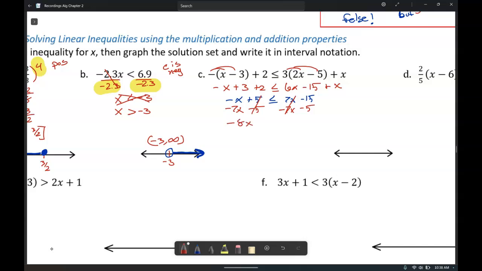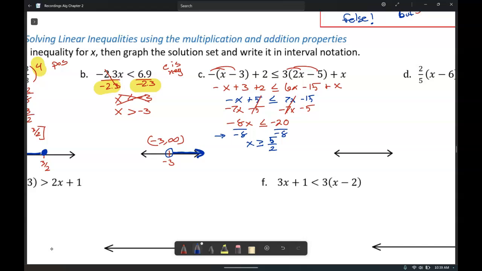Negative 8x is less than or equal to negative 20. And then we'll go ahead and divide both sides by negative 8. And then x. And since we divided by a negative value, we need to flip our inequality. So x is greater than 20 over 8, which reduces down to 5 over 2.